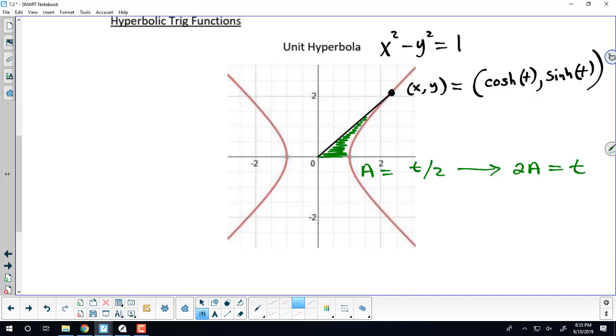We don't really look at an angle measure here. So instead of thinking about the angle measure in the circular sense, we think about t. In the circular case, t is twice the area of that sector. Here, t is twice the area of this region.